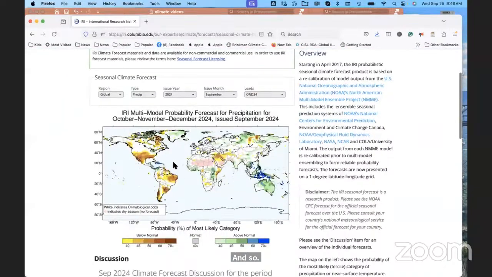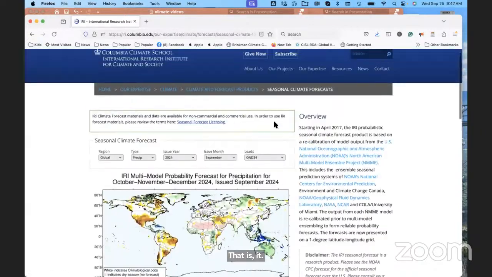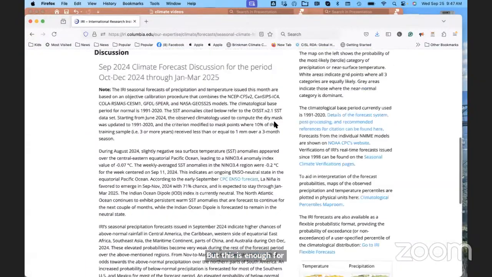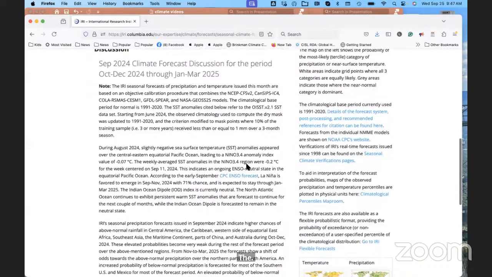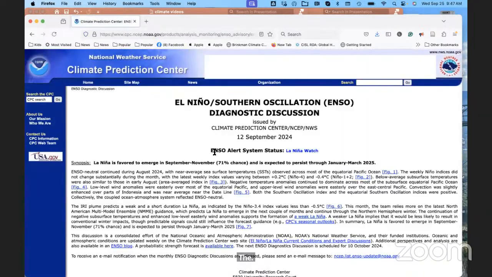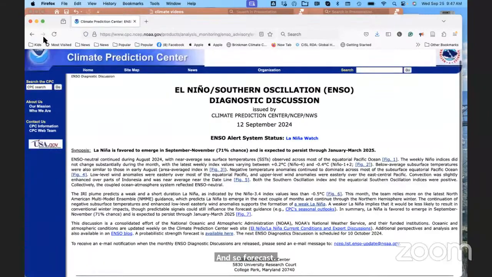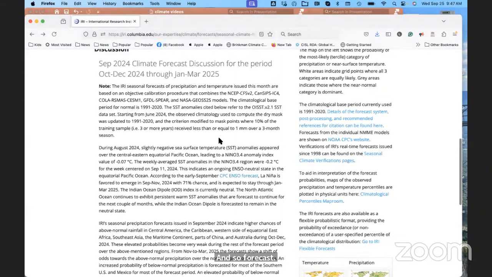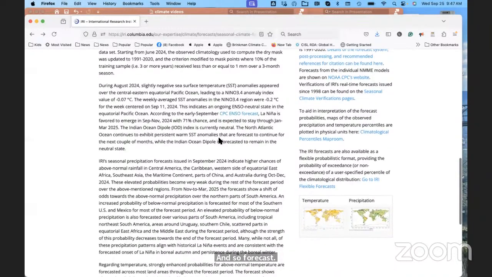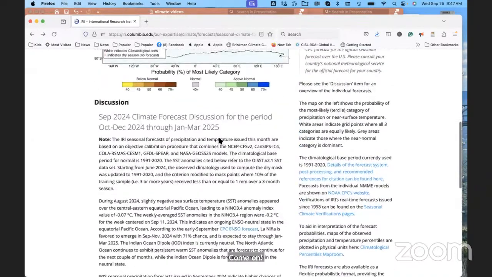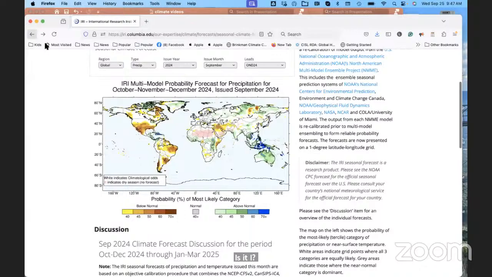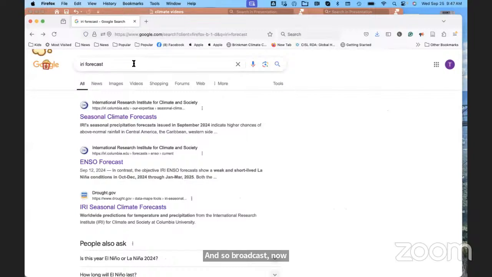Where is it? This is the seasonal forecast, by the way. Where is the ENSO forecast? Where is the IRI ENSO forecast?